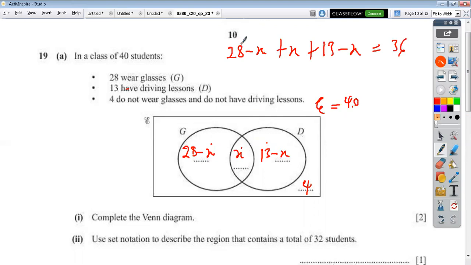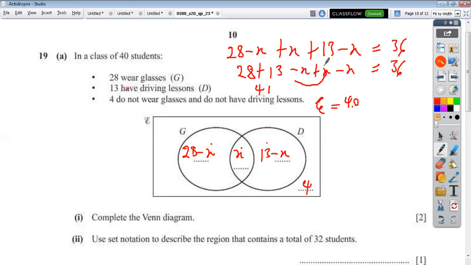What is 28 plus that? Grouping like terms: 28 plus 13, minus x minus x, is equal to 36. Now what is 28 plus 13 quickly? 41.